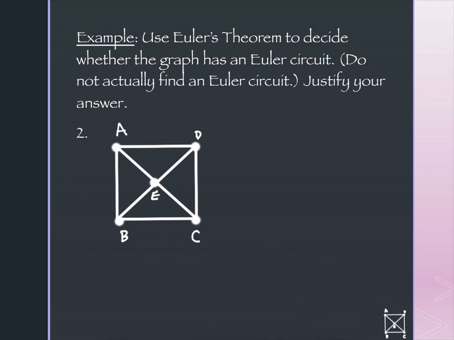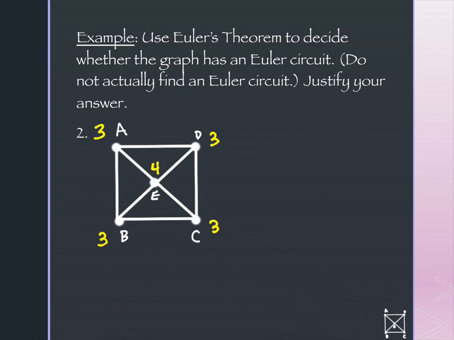So what is the degree of point A? 3. D? 3. C? E? E is 4, and B is 3. Okay, so there's actually quite a few of them that are odd degree here, right? But it wouldn't need to be a whole bunch.